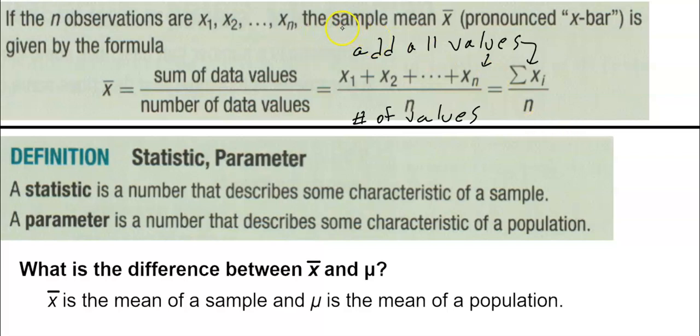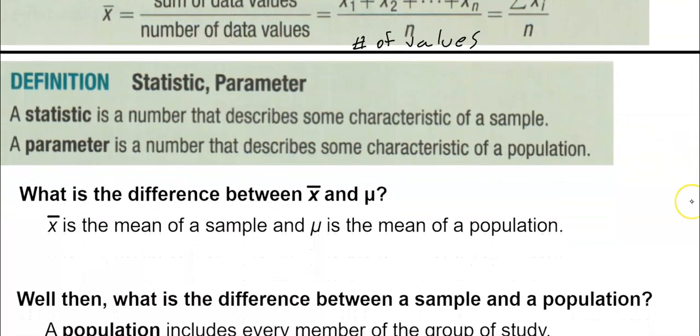Now, notice here I use the word sample. Sample is something that we need to pay very close attention to, because a sample will generate for us a statistic. A statistic is a number that describes a characteristic of a sample.